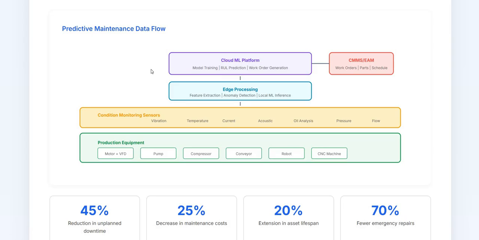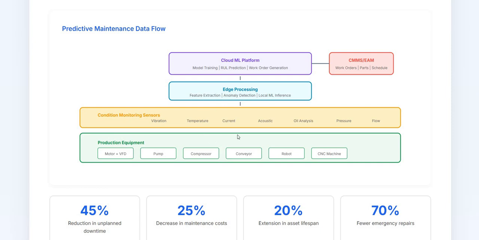Features get extracted, patterns compared, and early warnings formed close to the asset. When needed, selected data moves to centralized systems where models improve using history from many machines. And what comes back is not raw data, but guidance.